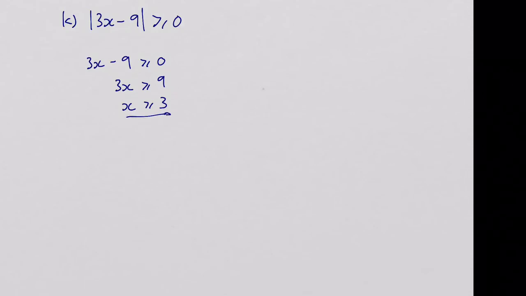But if 3x minus 9 is negative, then we get negative 3x plus 9 is greater than or equal to 0. So now in this case, minus 3x, we get negative 9 on the right-hand side. Now we're going to divide through by negative 3 to get x is less than or equal to positive 3. Remember, change the direction of the inequality when you divide by a negative. So that's the other solution.